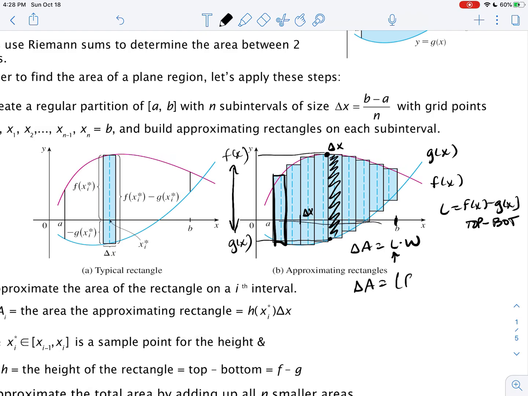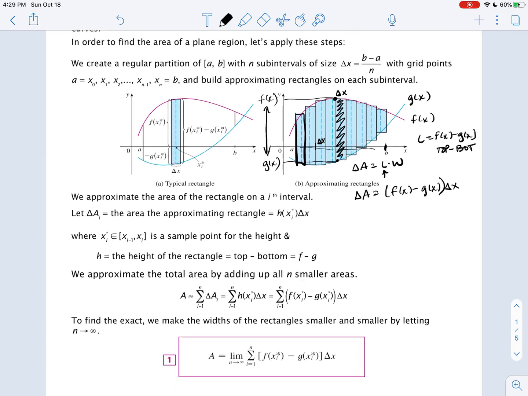So we want to create a slice that applies to all slices in the range, and so we want to scan all of the rectangles in our region and make sure that f of x is always on top and g of x is always on the bottom, so that our delta x slice representation would be f of x minus g of x.